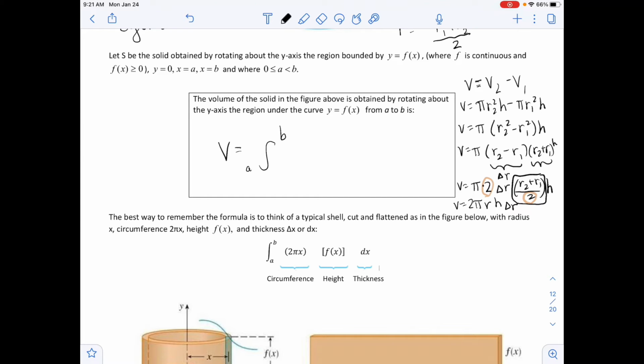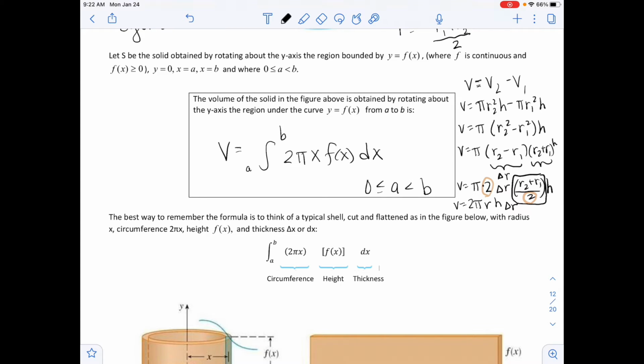And our formula is going to be, and I'm going to write this not in terms of r, but in terms of x, 2 pi x times f of x, which would be that height, times dx. And this again is for a greater than or equal to 0 and a less than b. And again, getting that formula from what we just derived on the side.